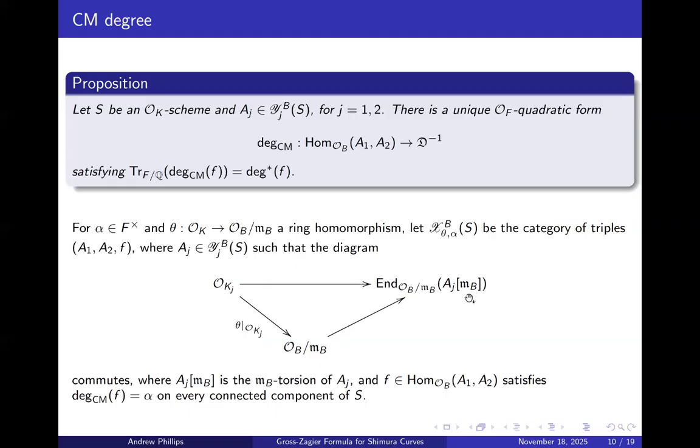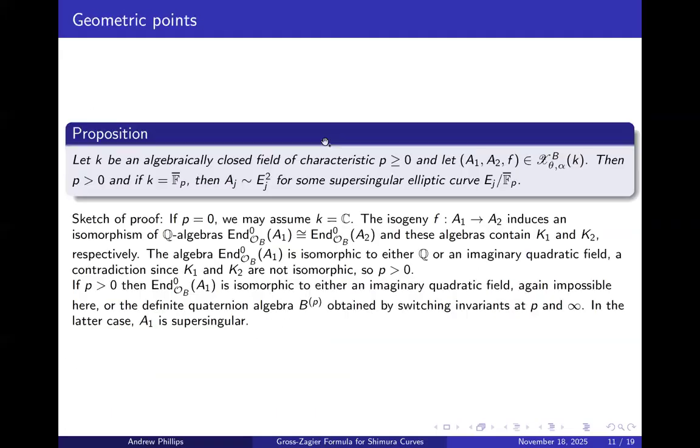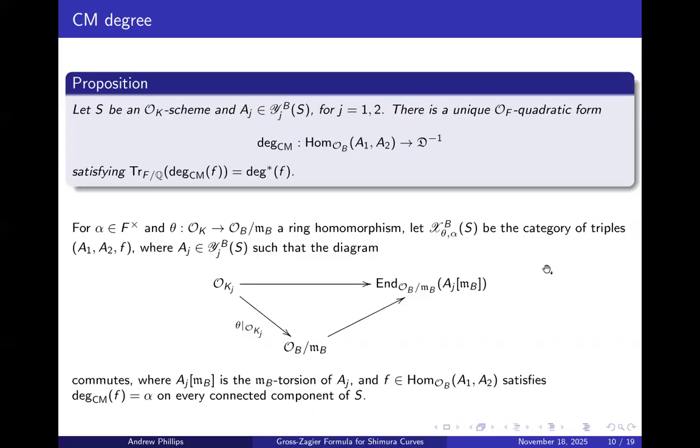And so you have this torsion, and then there's an induced action of OKJ on this torsion. My restriction here is that I want the OKJ action to factor through this ring homomorphism theta.